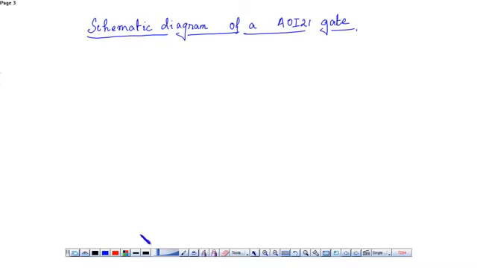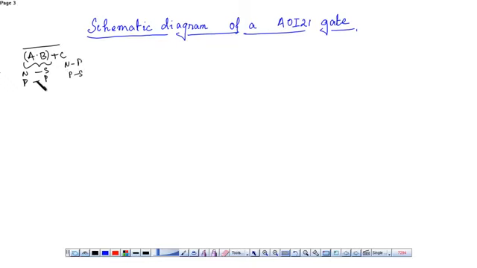So as we know, we have to do A dot B plus C whole bar. For this portion, the NMOS is in series and the PMOS is in parallel. Here for plus C, NMOS is in parallel and PMOS is in series.